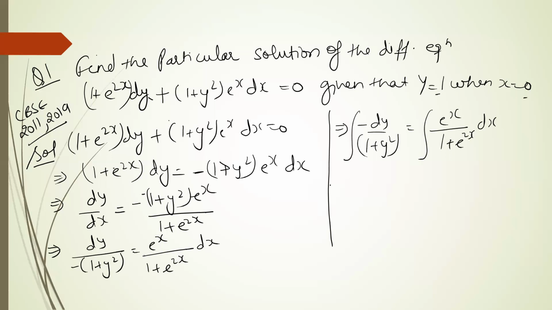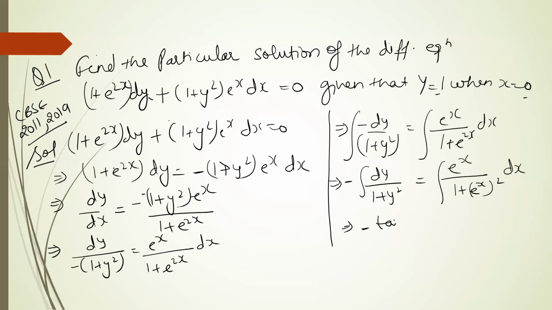Now, as you can see, on your left hand side, you take the minus sign common, you're getting dy over 1 plus y square equals to e to the power x over 1 plus e to the power x whole square integral dx, right? So your left side becomes minus of tan inverse y. How will you solve the right side?